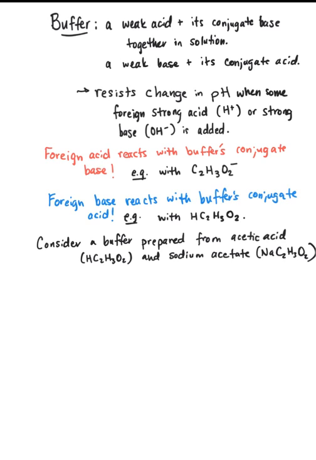So let's give an explicit example. Let's consider a buffer prepared from acetic acid, HC2H3O2, and sodium acetate, NaC2H3O2, to give us a presence of both an acid, this thing, and its conjugate base, the anion in the second compound, in solution. What's in our buffer?